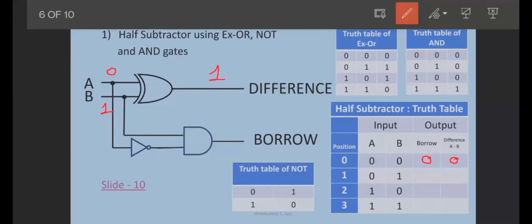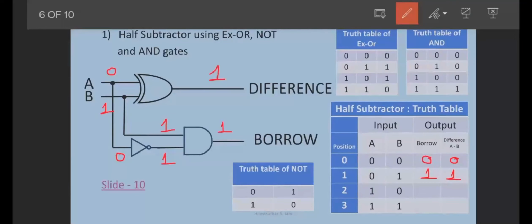Here A is 0, so 0 will come over here. Since here we have NOT gate, it will give 1. Input B, it is equal to 1. So now for the AND gate, both the inputs are 1. So the output for the borrow, it is equal to 1. So the difference is 1 and the borrow is also 1.